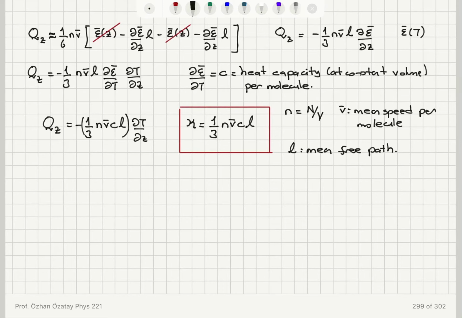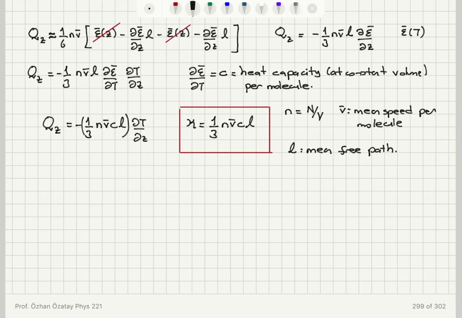So we can see that we obtain a very simple result for the thermal conductivity in terms of the number density, the mean speed, the heat capacity per molecule, and the mean free path. So it's very similar to the discussion we had on viscosity.